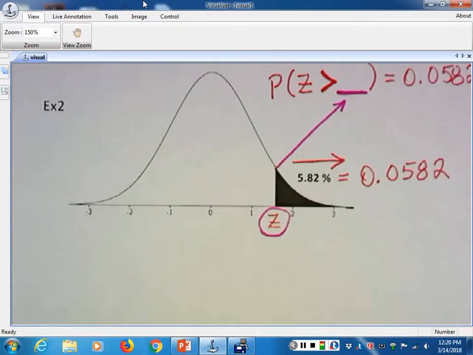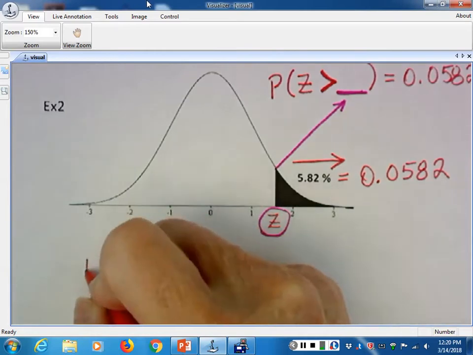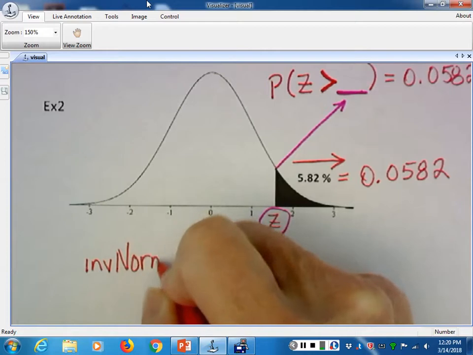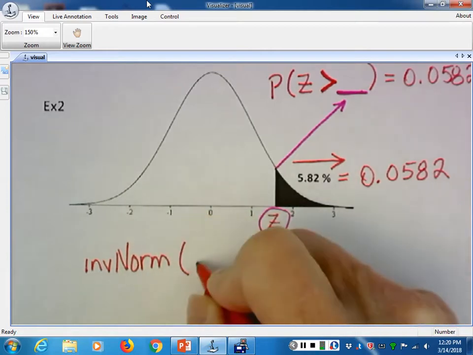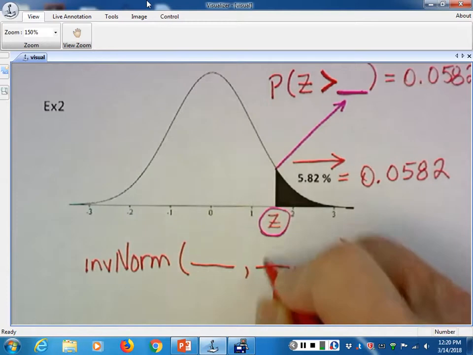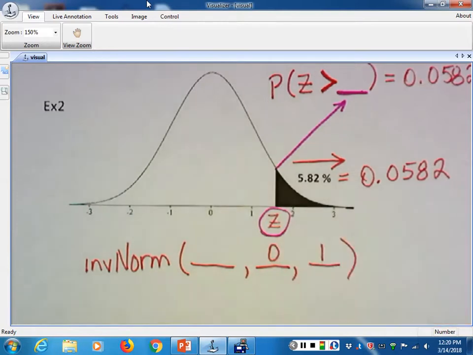But now think about what your command asks you. The command says inverse norm, and we know the mean and standard deviation are always 0 and 1.